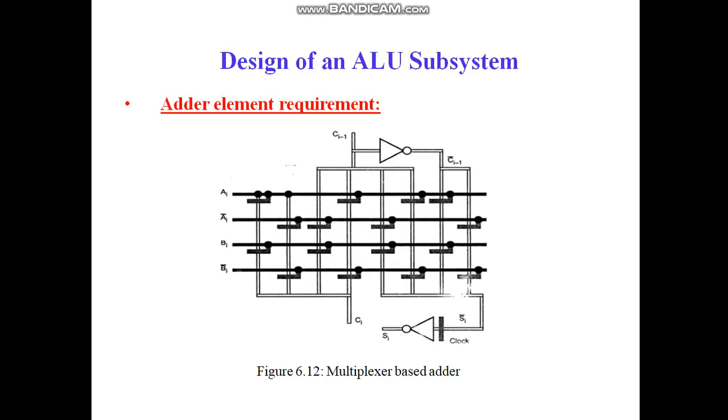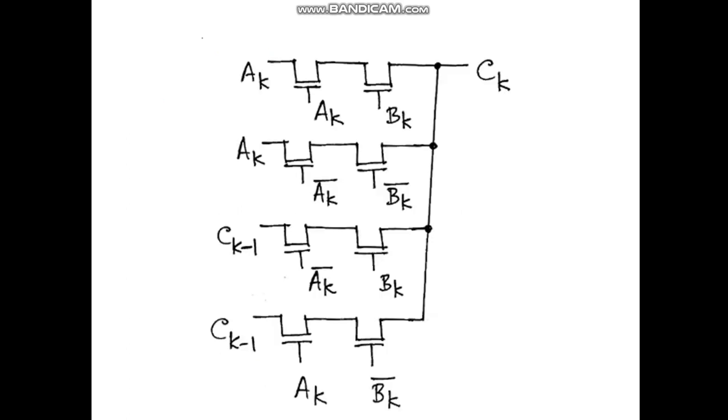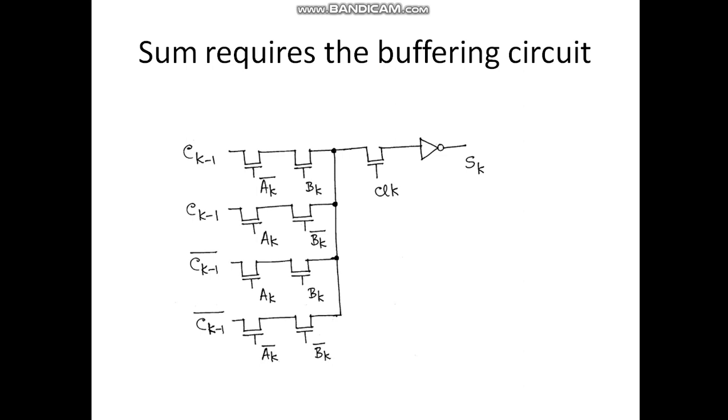Now let us look into the expression for sum. For the sum expression, when AK and BK are the same, SK is equal to CK minus 1 bar after making the modification in the circuit.